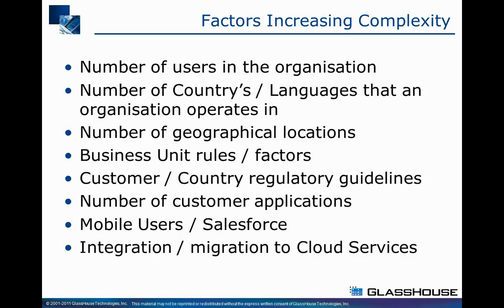On your slide, you can see a number of factors that increase complexity and questions that we typically ask when doing an engagement. The number of users in an organization or geographical locations all have an impact on the choice of whether you should be doing VDI and how you should be doing it.